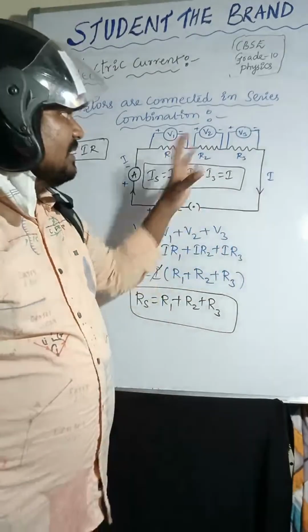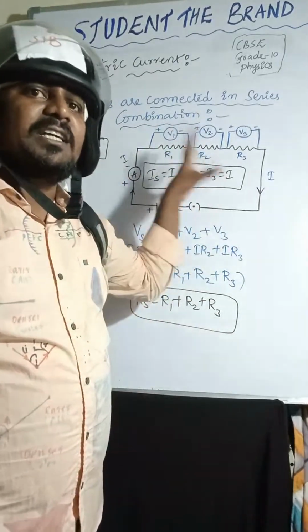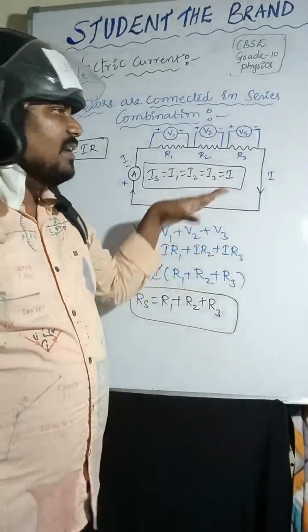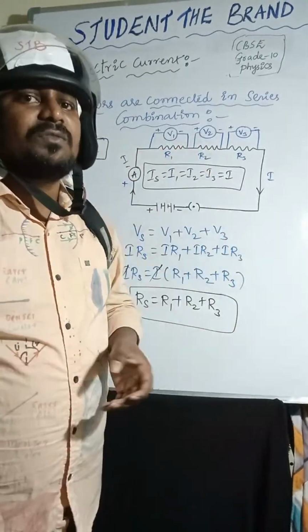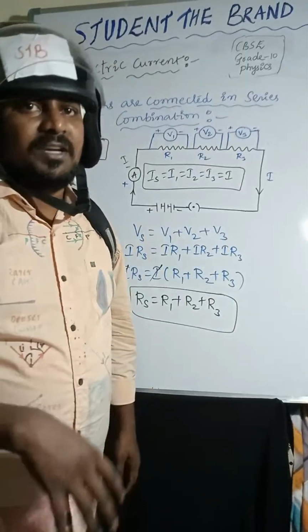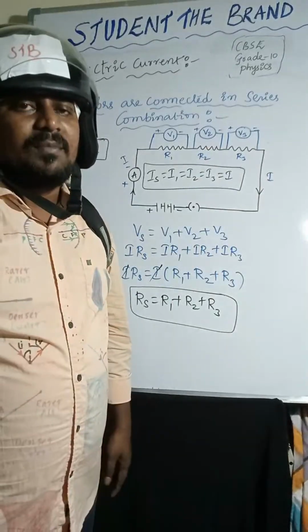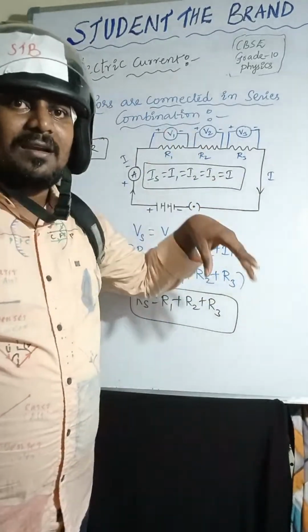So that is a disadvantage of the series combination. That is the reason we are not using series combination in households. We will use parallel combination, which I will explain when explaining the parallel combination.